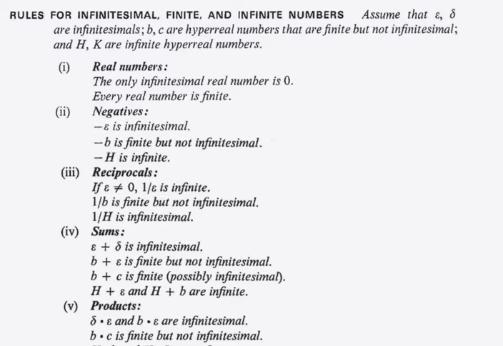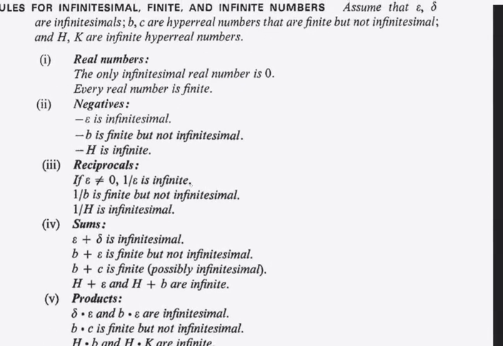Say we've got two infinitesimal numbers, epsilon and delta, b and c are hyperreal numbers, and h and k are infinite hyperreal numbers. Then 0 is the only real infinitesimal. Every real number is finite.